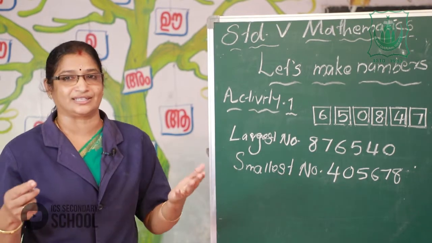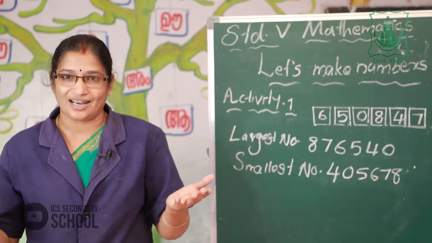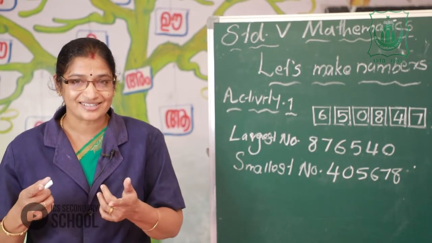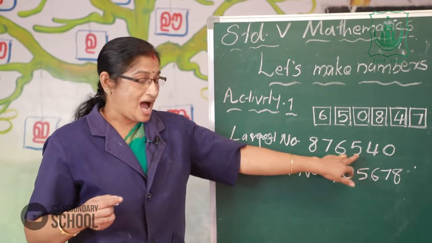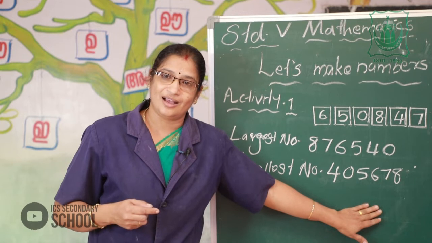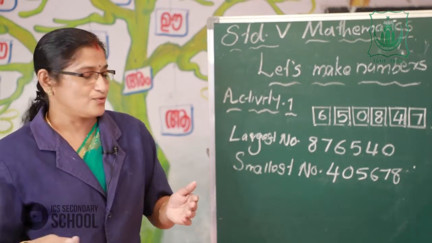How can we find the sum of these numbers? What is the sum, the total? Largest number plus smallest number gives the sum of these numbers.